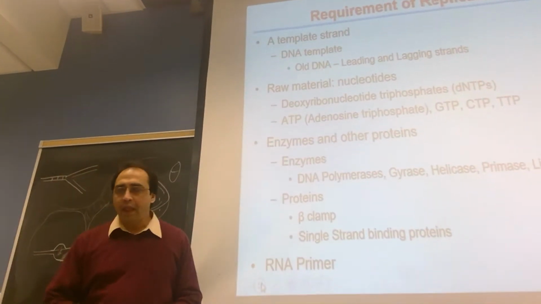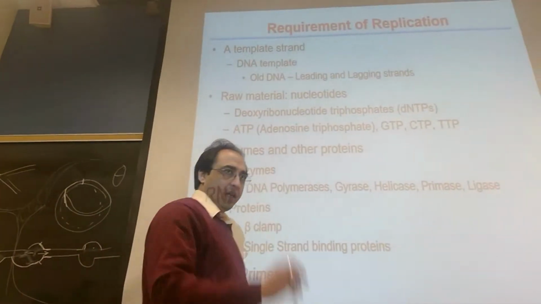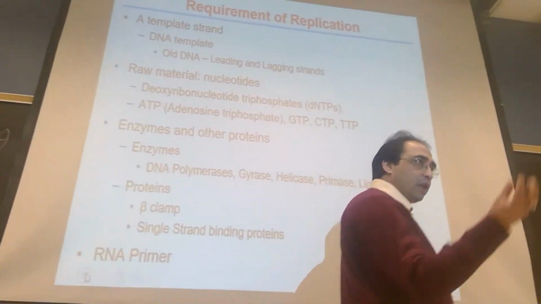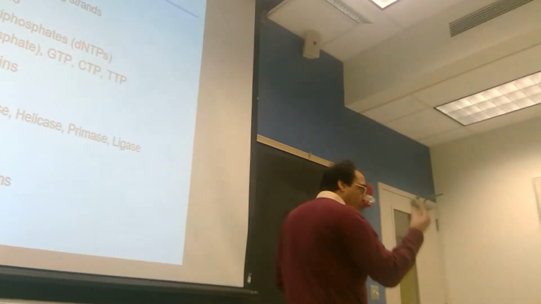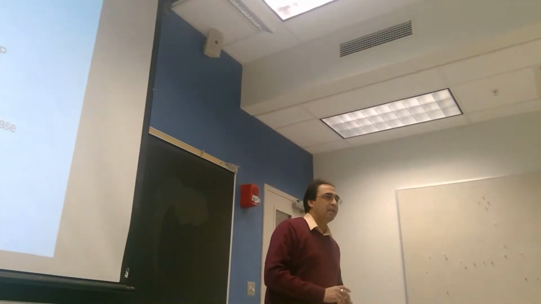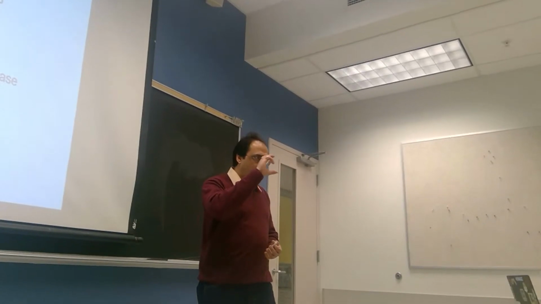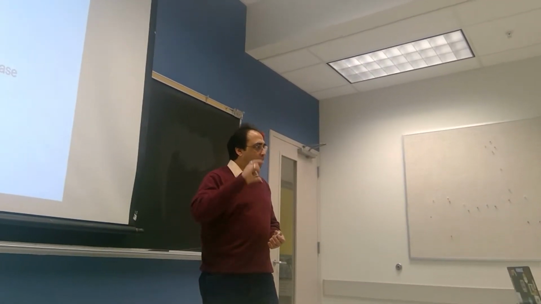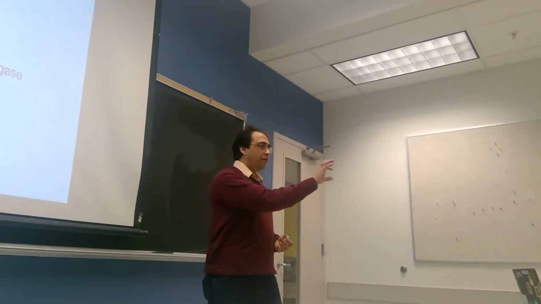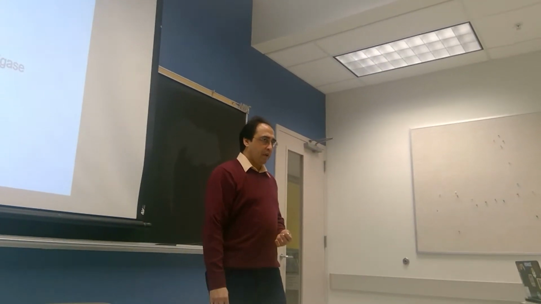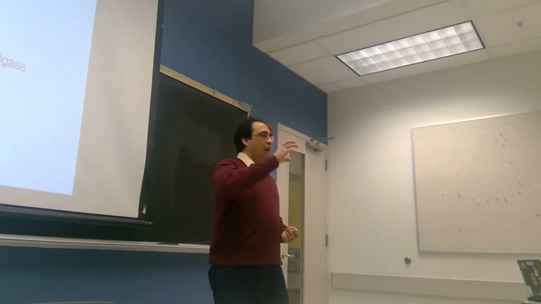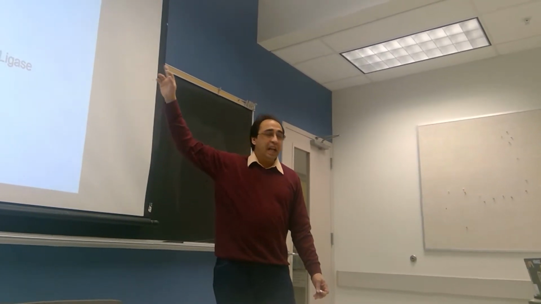And then you need raw materials. What are the raw materials? What do you need to add to the DNA? What is the component of DNA? The components of a nucleotide are phosphate, nucleotide base, and deoxyribose sugar. So you need these nucleotides in a free form, all deoxyribose nucleotides, called dNTPs.